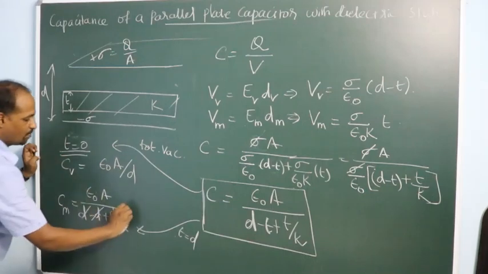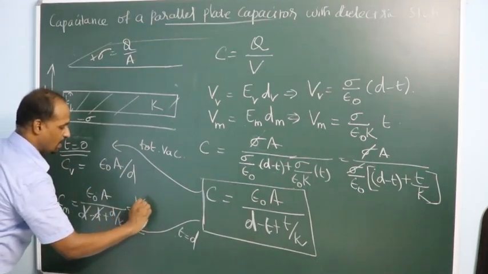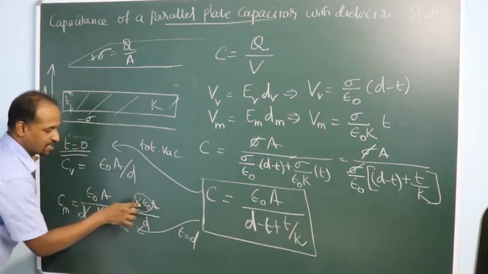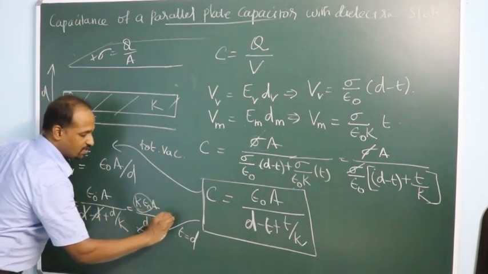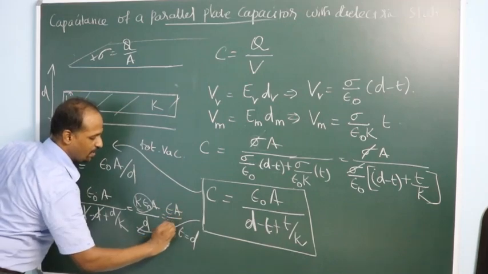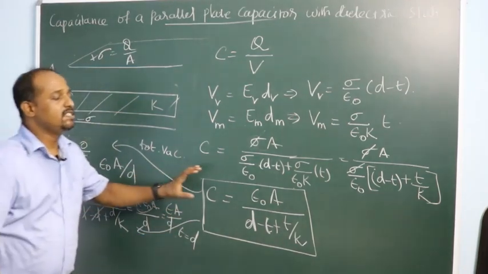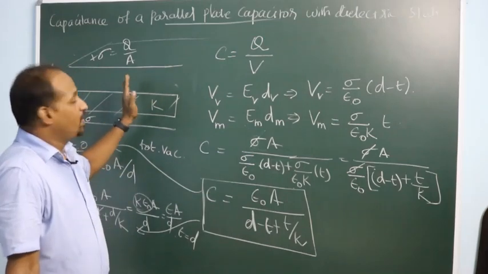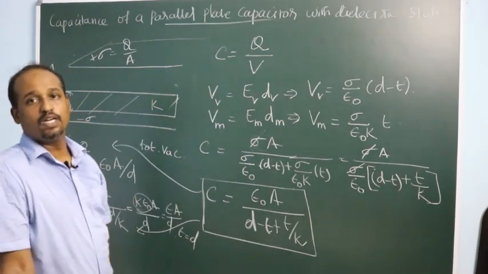This K will come up. So this becomes K epsilon naught A by d. K epsilon naught is actually epsilon naught epsilon R, which is epsilon, so epsilon A by d. Hence this is a more generalized one we can use. That was specific only to vacuum and then specific only to medium.